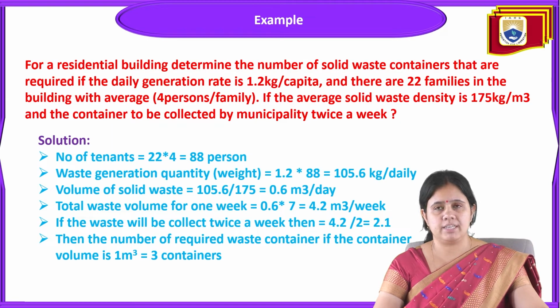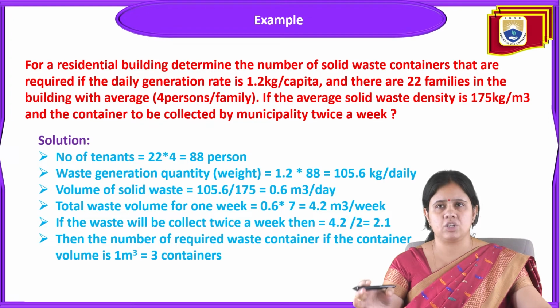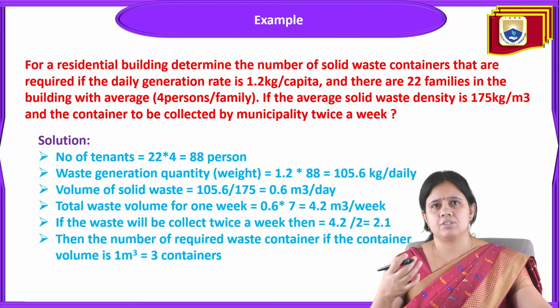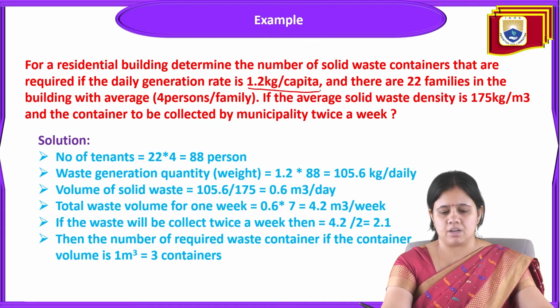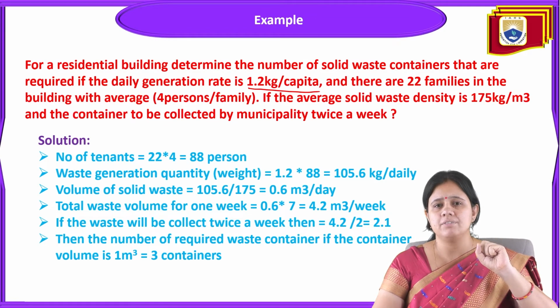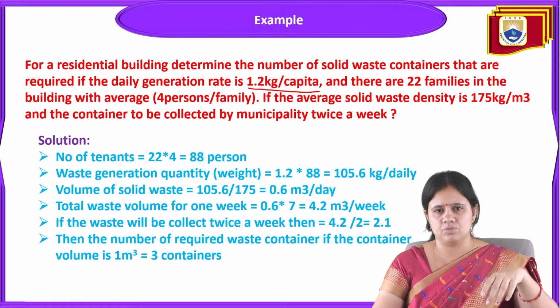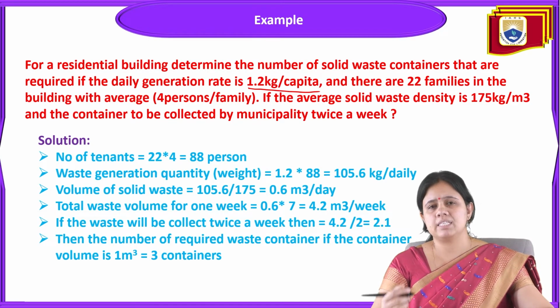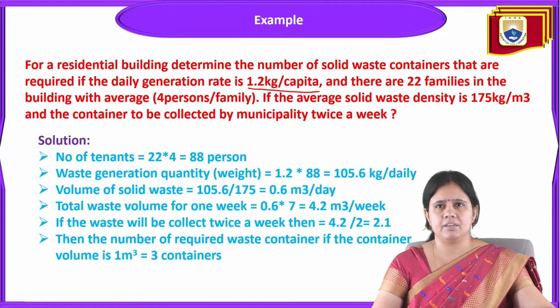Now we'll discuss one example, a problem statement related with the collection of this waste. First of all, we have to consider a residential building and determine the number of solid waste containers that are required if the daily waste generation is half kg per capita, and there are 22 families in that building with an average of 4 persons in a family.